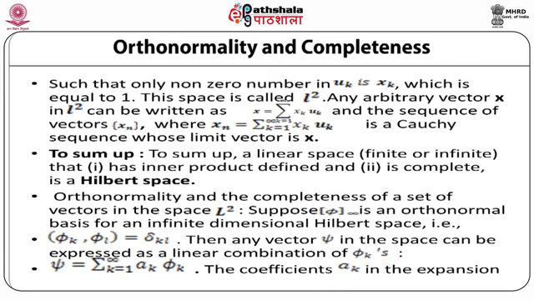Then any vector psi in the space can be expressed as a linear combination of the phi k's as defined above. So we can write this mathematically as psi is equal to summation k going from 1 to infinity ak phi k, where ak are the coefficients in the expansion.